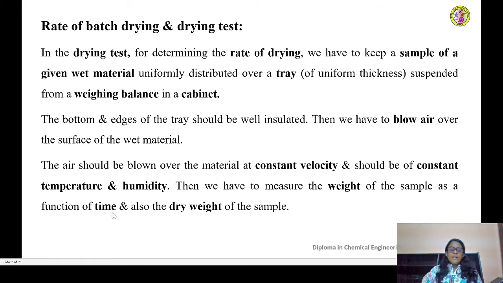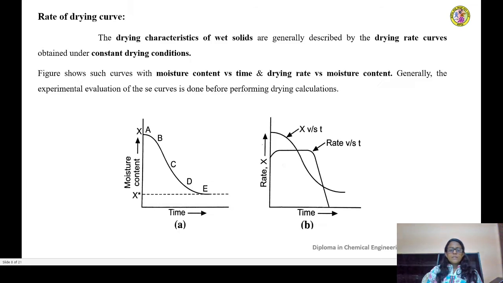In that way, we can go on drying 1 gram each time, and the time required using a stopwatch is noted down.